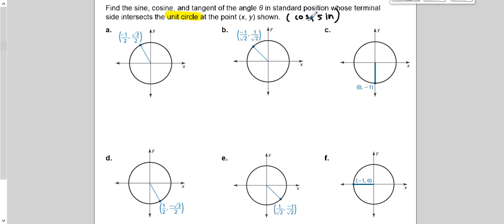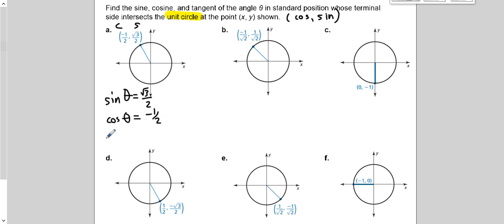It's cosine theta, sine theta, but I like to see those s's in the middle. So this is your cosine. This is your sine. So sine of theta equals rad 3 over 2. Cosine of theta, negative 1/2.